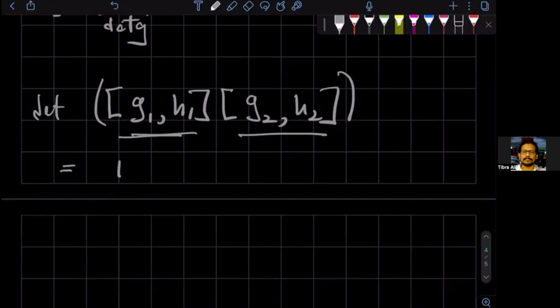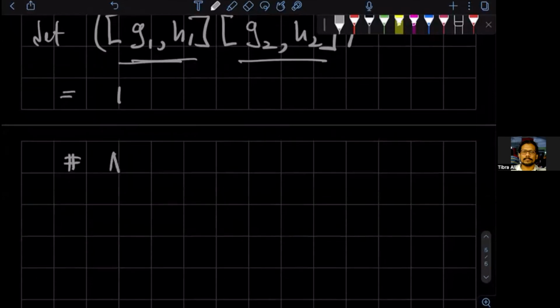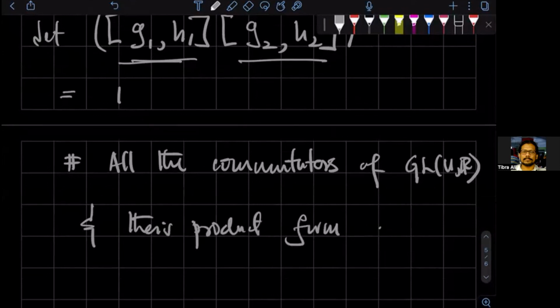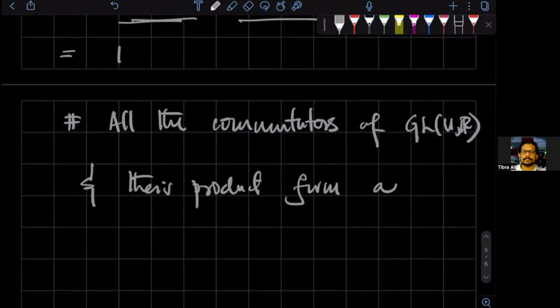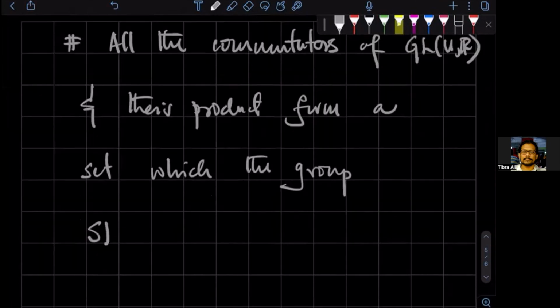So we see that all the commutators of GLNR and their products form a set which is the group SLNR.